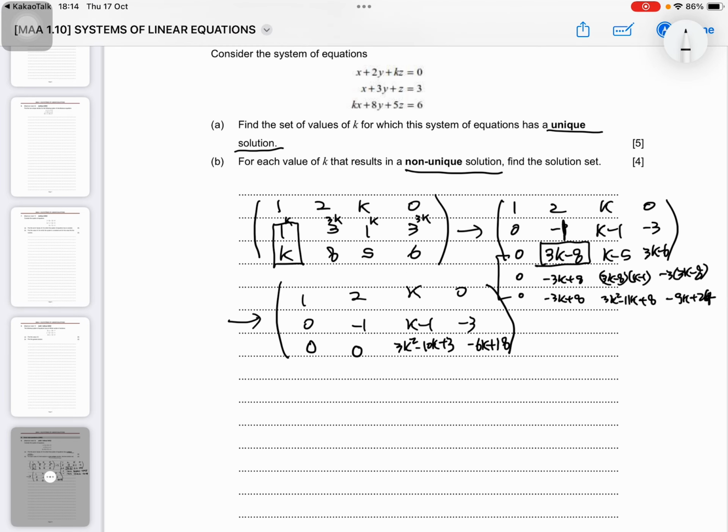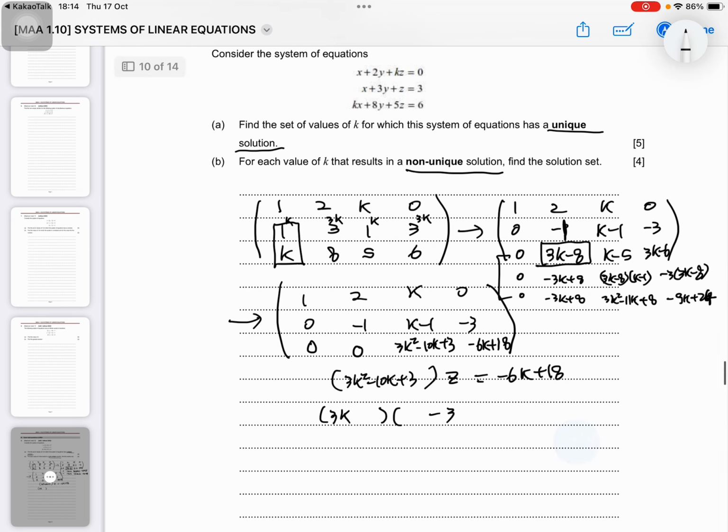So this is for the unique solution. Now, the meaning is that 3k squared minus 10k plus 3 times z equals negative 6k plus 18. Let me do some factoring: 3k minus 1 times k minus 3, and on the right, negative 6 times k minus 3.